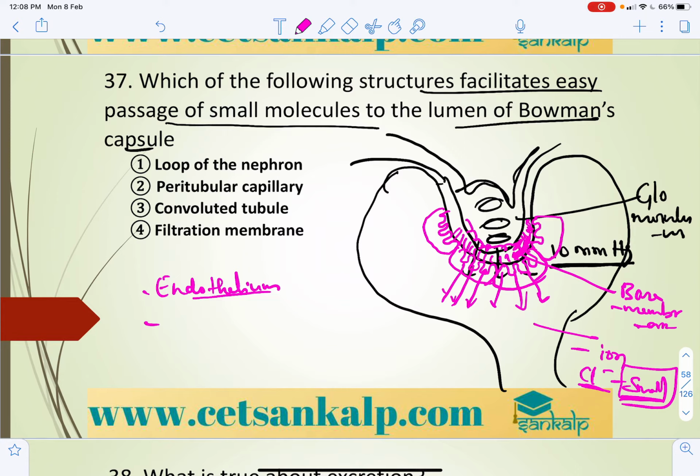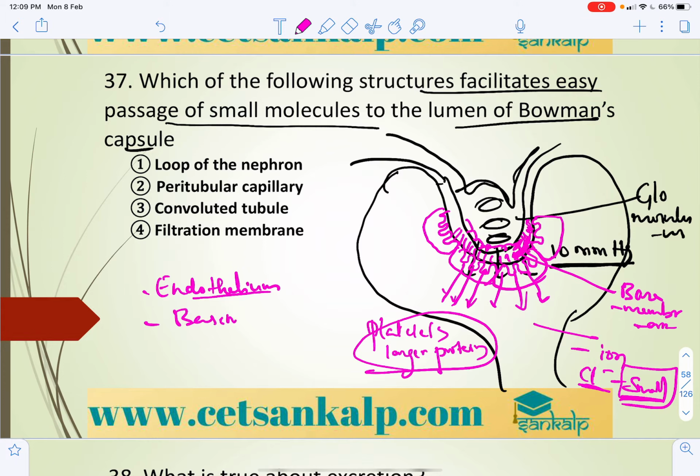It is so intricately connected that it allows only smaller molecules, and won't allow platelets and larger proteins under any circumstances. So first the endothelium, the next layer is the basement membrane, and the next layer is the squamous epithelium of the Bowman's capsule.